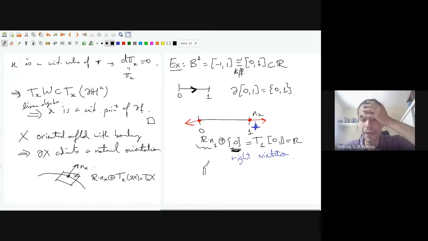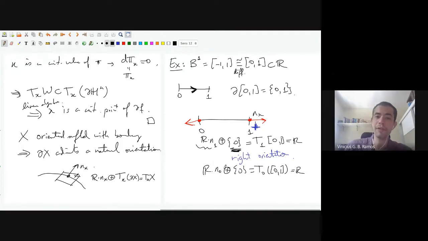So when you look at R times n_0 plus the zero-dimensional space, this is the tangent space at 0 to [0, 1]. You see that the orientation from the manifold is pointing to the right, and the orientation from the outward normal vector is pointing to the left. So this is the wrong orientation.